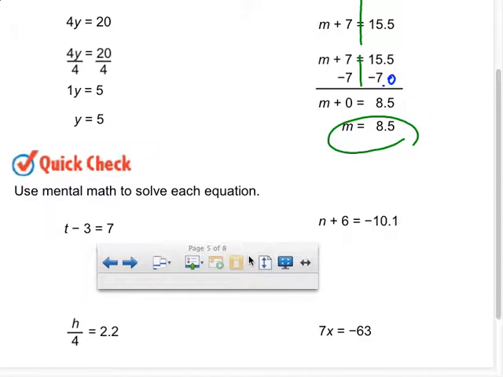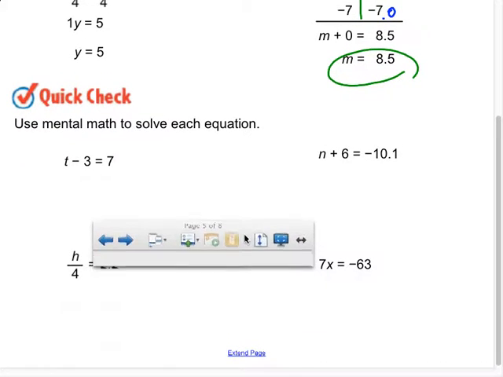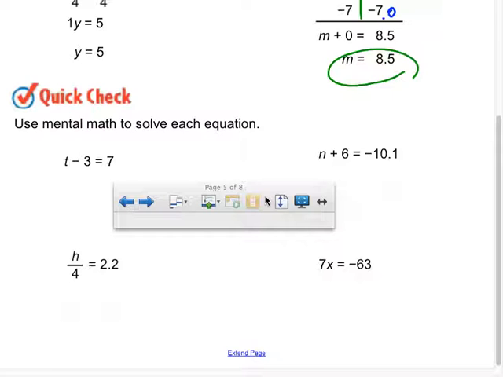Can I scroll down? Are we good? Who can walk us through the first problem?